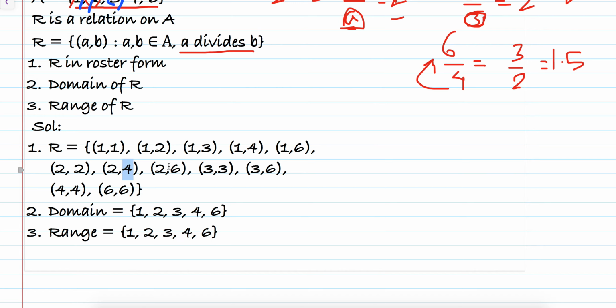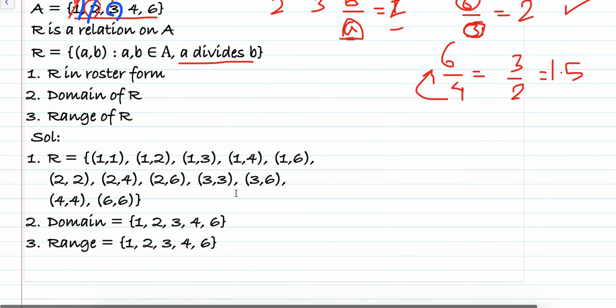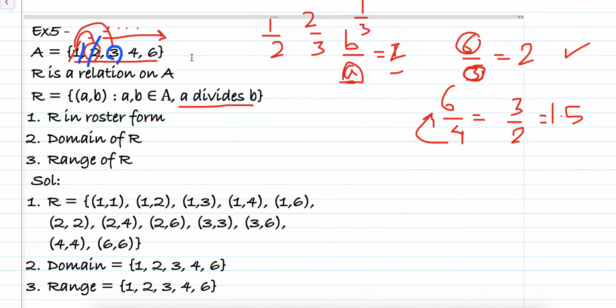We have covered all these because 1 has divided every number, so it has taken care of everything. The rest are just repetitions. So this would be the range. Both domain and range are this set A.